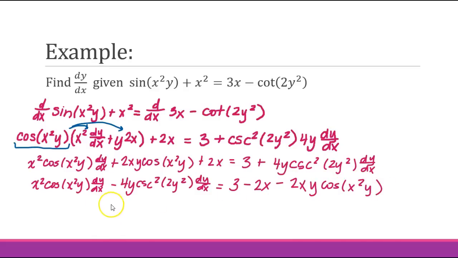And then on the left-hand side, we can factor out our dy dx. So I'm going to go ahead and do this all in one step here.